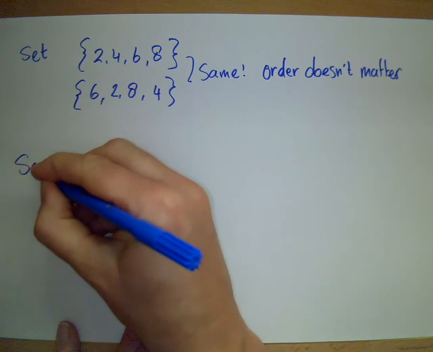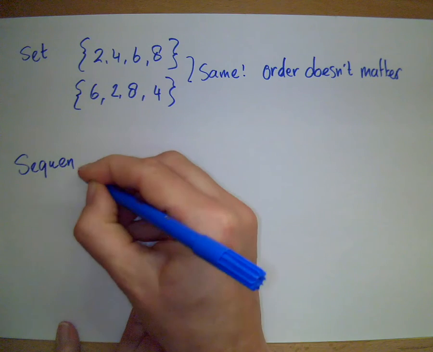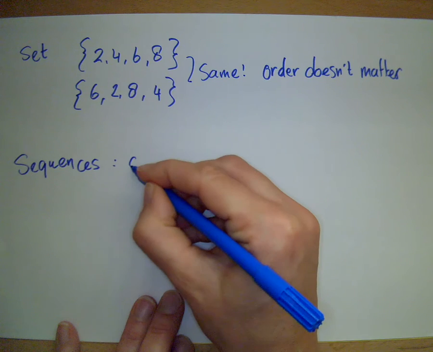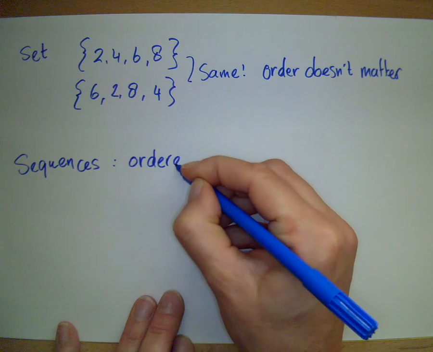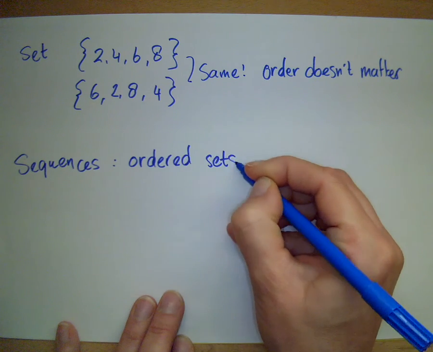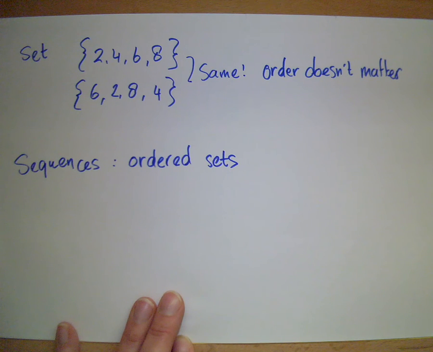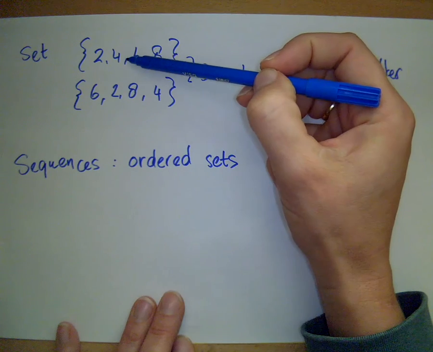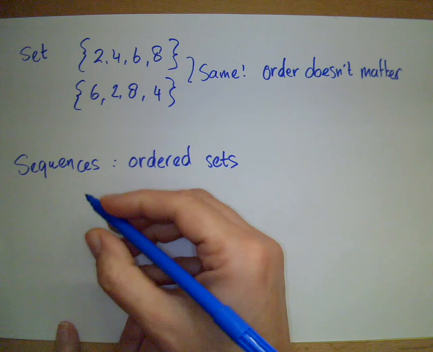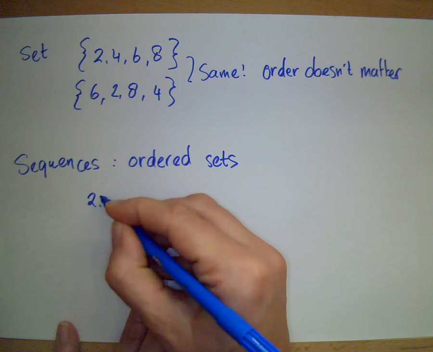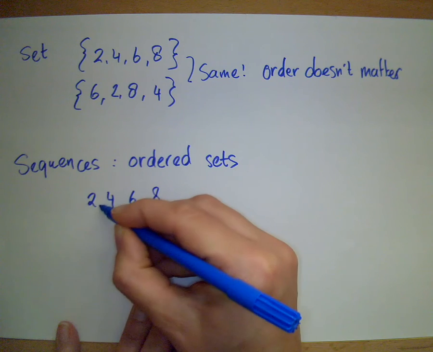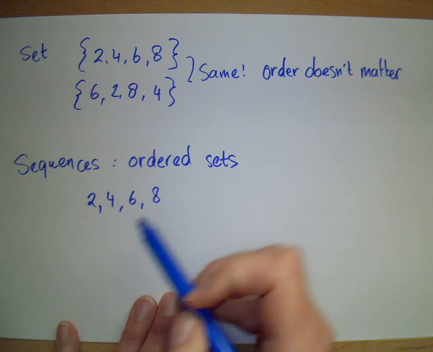Now when we talk about sequences, a sequence is actually an ordered set. So sequences are ordered sets. So if we look back at this, one ordered set would be 2, 4, 6, 8. See how we leave out the curly braces?